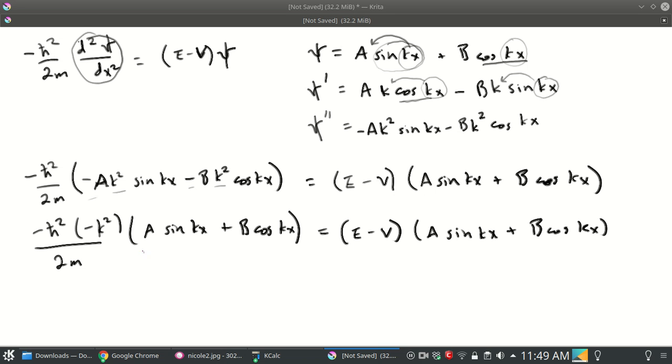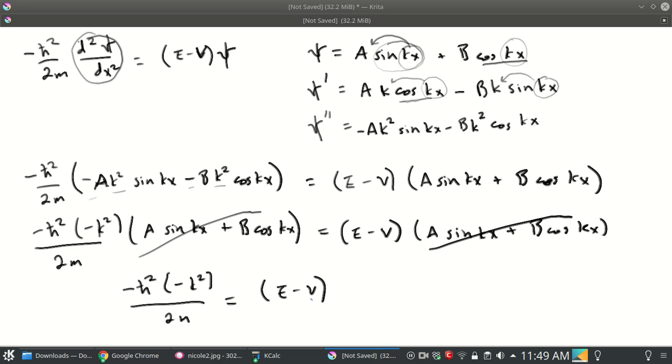So this whole thing, I'm going to divide on both sides, and it's just gone. So minus h bar squared minus k squared over 2m equals E minus V. So I'm going to add this V on both sides here.